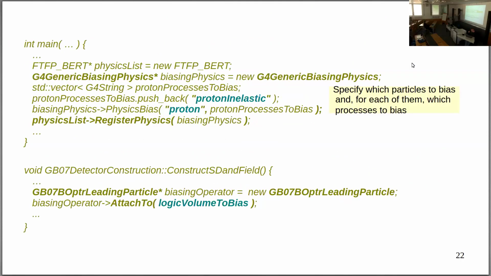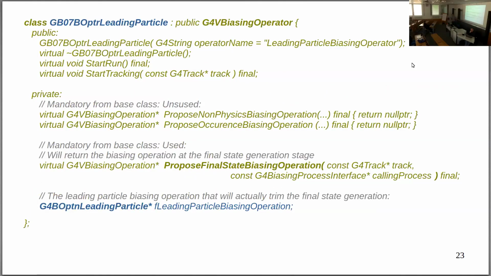So again, the beginning is the same. Let's suppose now that we want to bias only protons and only inelastic in particular. Again, there is the possibility to specify the volume where you want this leading biasing to occur. You define an operator leading particle by inheriting from the usual G4V biasing operator.